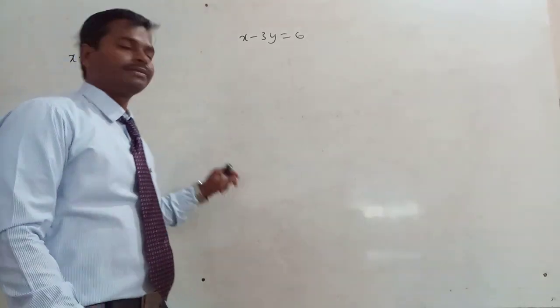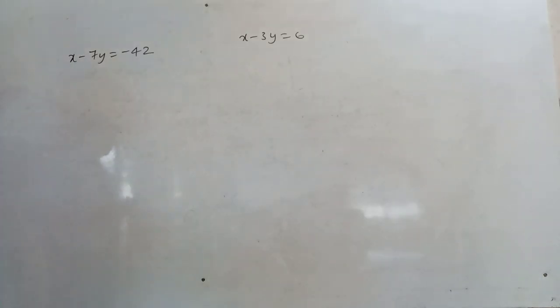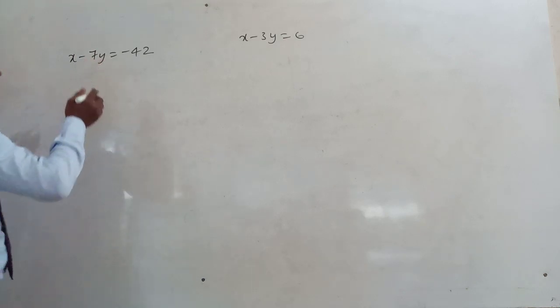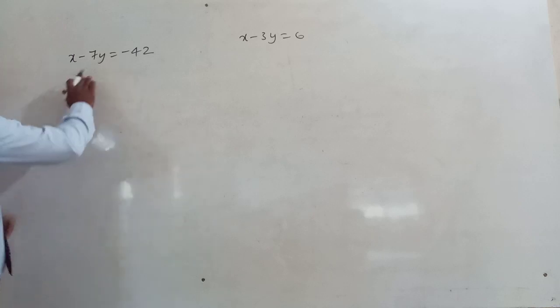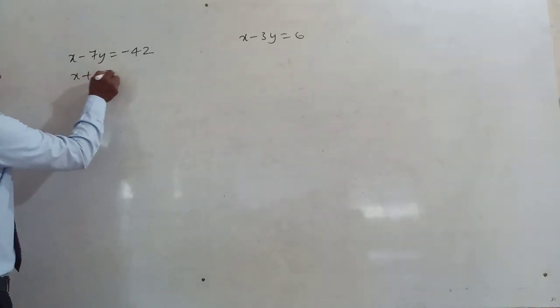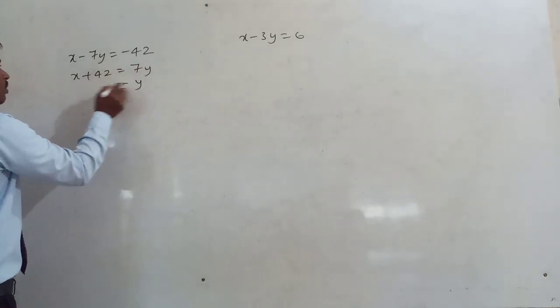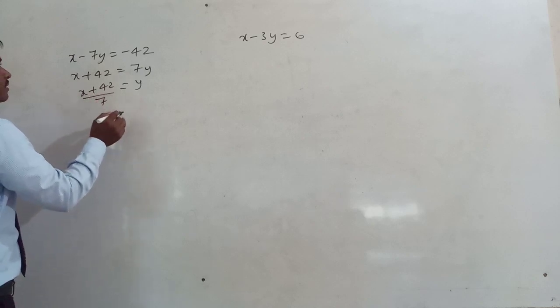First, let x equal 0. If x equals 0, what is the y value? Let us express it in terms of y. If we shift 7y to that side, we get x plus 42 equals 7y, so y equals (x plus 42) by 7.